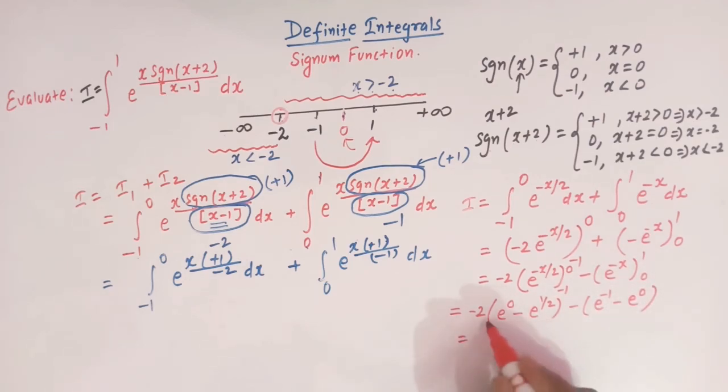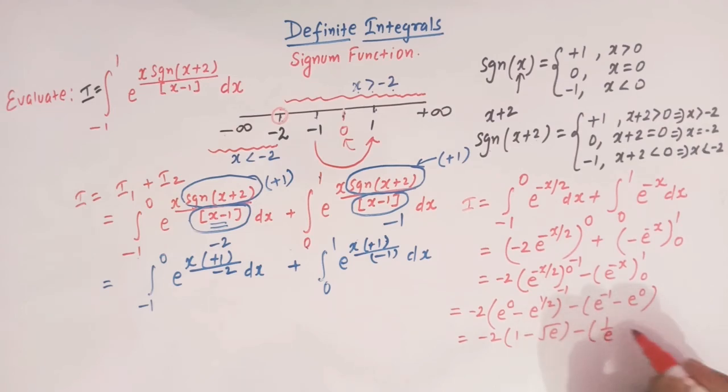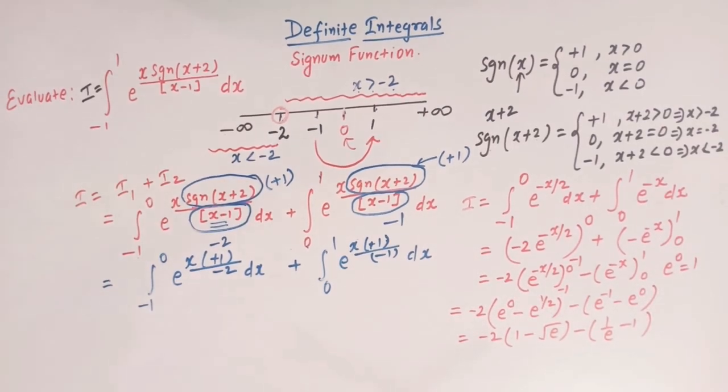So now we can simplify it. Minus 2 times e raised to 0, which is 1, here we have square root of e, because e raised to half can be written as square root of e, this is minus 1 over e, and this is 1, because e raised to 0 is equal to 1.